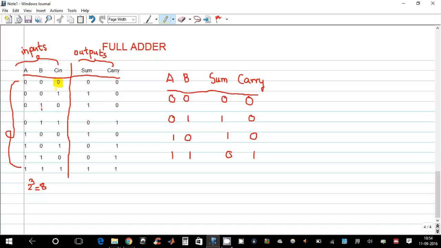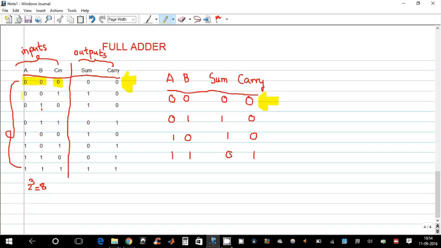So let's say for the input 0 0 0, we are ignoring the carry in value, that is 0. Now for this set of inputs 0 and 0, we can directly refer to our half adder table. 0 plus 0 results in a sum of 0 and carry 0. So that is what is written here. Similarly, for the inputs 0 0 and 1, we can also ignore one input.